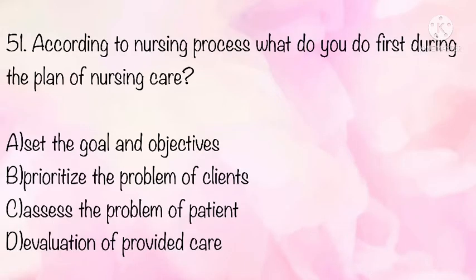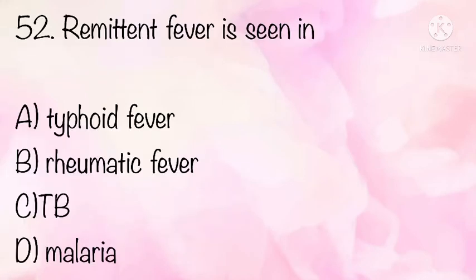According to nursing process, what do you do first during the plan of nursing care? Set the goal and objectives, prioritize the problems of clients, assess the problem of patient, evaluation of provided care. The correct answer is C, assess the problem of the patient. Remittent fever is seen in typhoid fever, rheumatic fever, TB, malaria. Correct answer is A, typhoid fever.